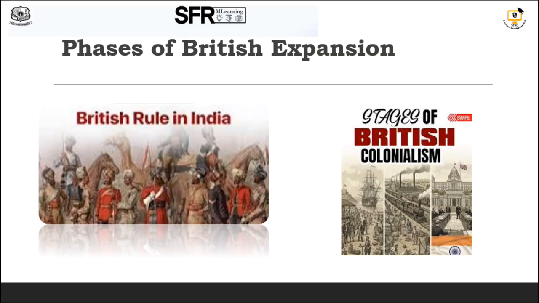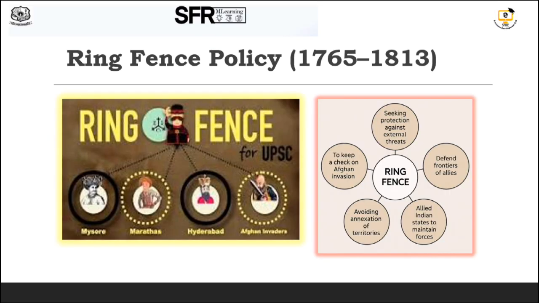It marked the beginning of British political expansion. Between 1765 and 1858, the British adopted various policies to consolidate their power and establish paramountcy over Indian states.